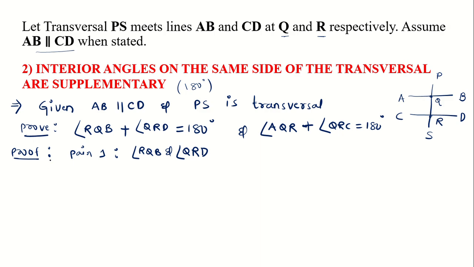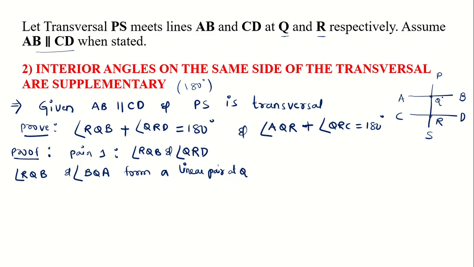Okay, now see here, your angle RQB and angle BQA form a linear pair at point Q. As you can see here, there is a point Q, and at this point Q you have angle RQB and you have angle BQA.